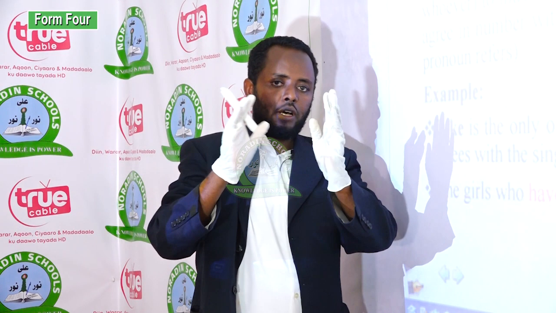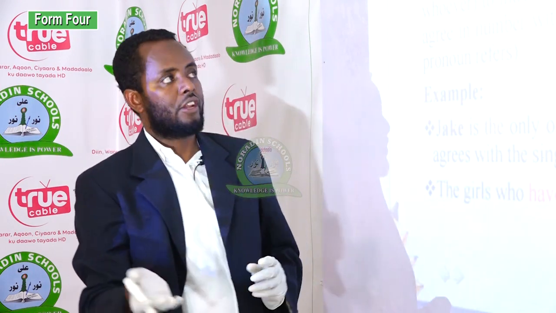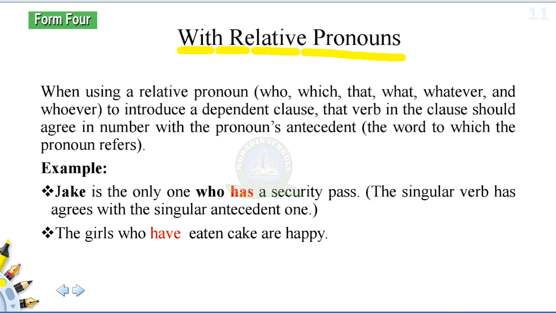Now, relative pronouns. You've got relative pronouns that relate or connect two clauses, like who, whom, which, that, whose, and so on. When using a relative pronoun, such as who, which, that, what, whatever, whoever, to introduce a dependent clause, the verb in that clause should agree in number.